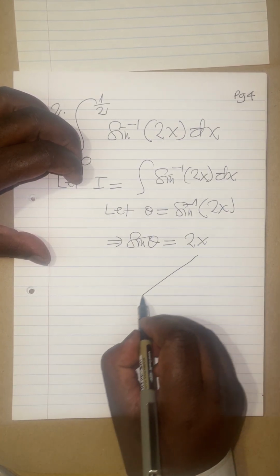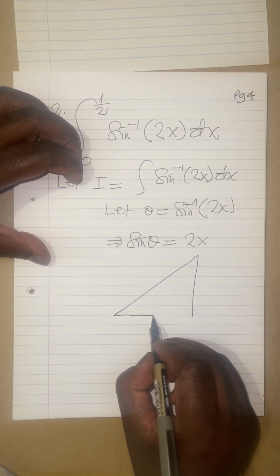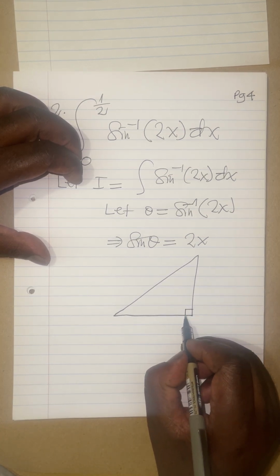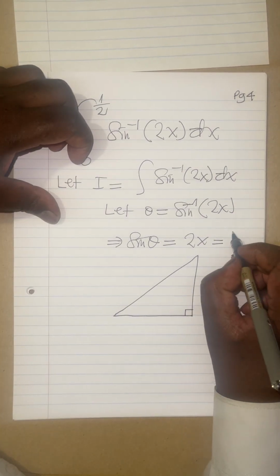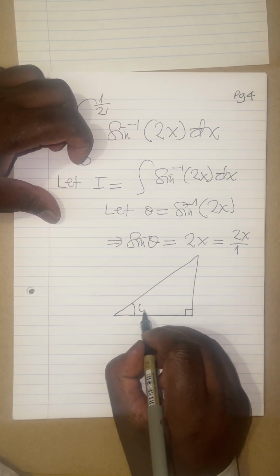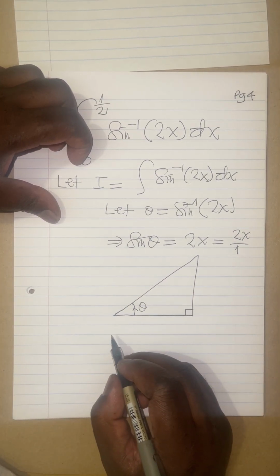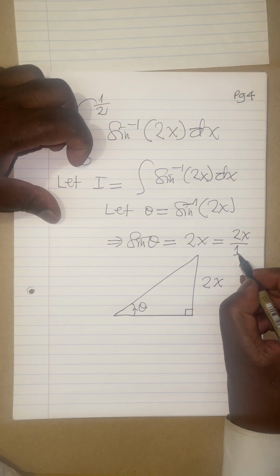And again, if you go back to a right angled triangle, because we may actually need other trig ratios other than sine theta, by definition, if we write this as 2x over 1, sine of an angle, if this is your theta, would be the opposite side over the hypotenuse, which would be 1.